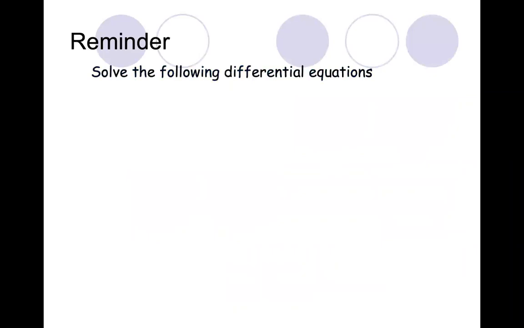Okay, please write this down, solve it very quickly. You have this equation, x squared dy/dx equals y plus 1. When x is 1, y is 0. You can solve it very quickly.